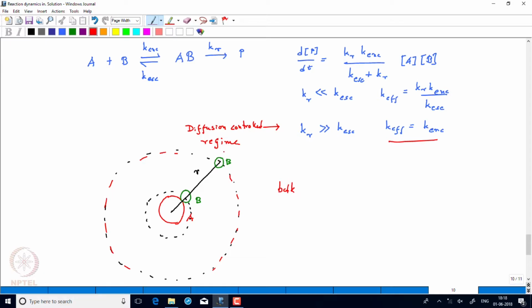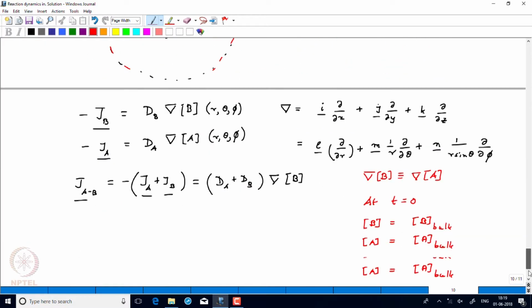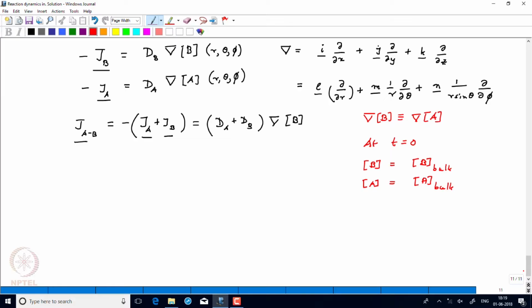So when this r, the radius of the encounter, or the distance between the reactant pair, is very large, when r tends to infinity, A will tend to A bulk and B will also tend to B bulk. A bulk and B bulk are not influenced by the reaction, and both are independent of time. That is an assumption we are using.